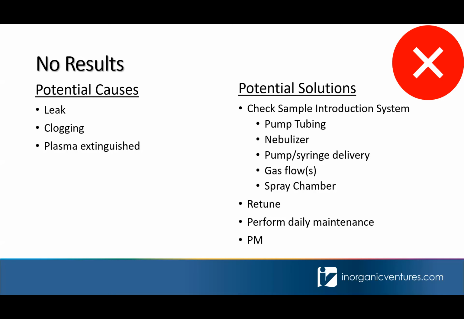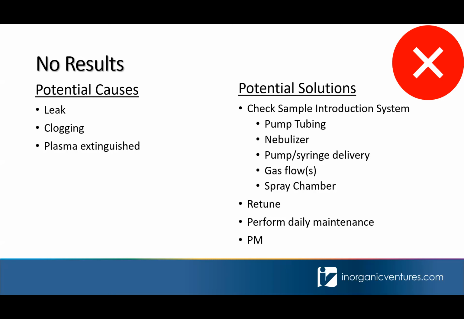Another sample introduction system problem that could result in no results is improper wetting of your spray chamber. What can happen here is you get large droplets forming in your spray chamber. That usually happens when your solution is not flowing through the spray chamber like it's supposed to.